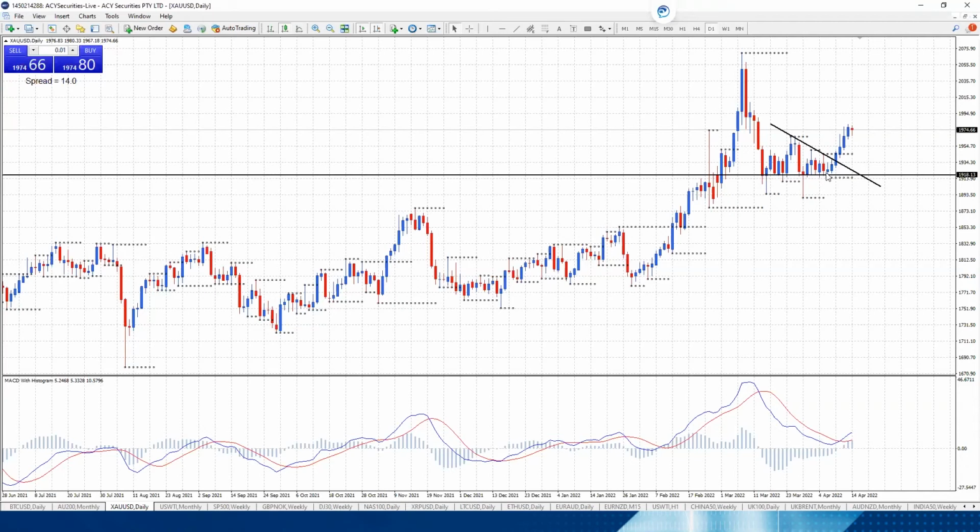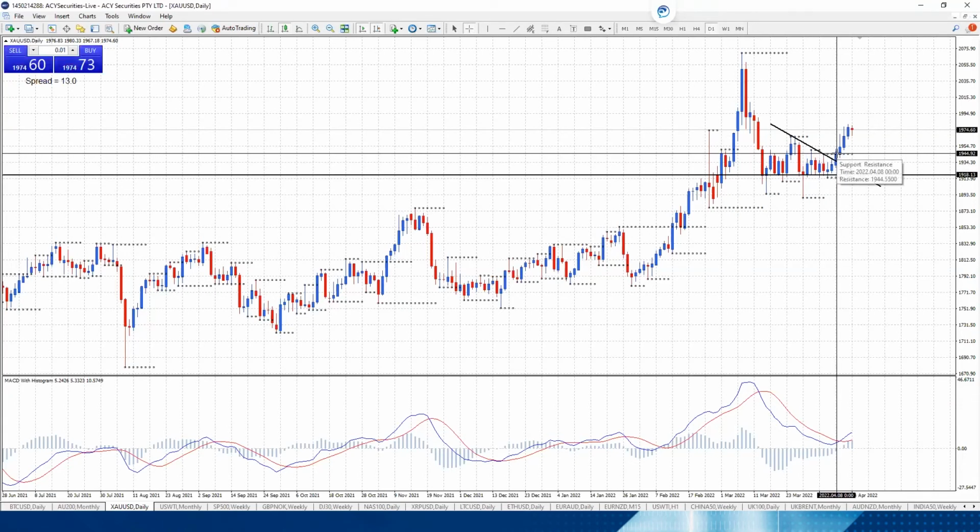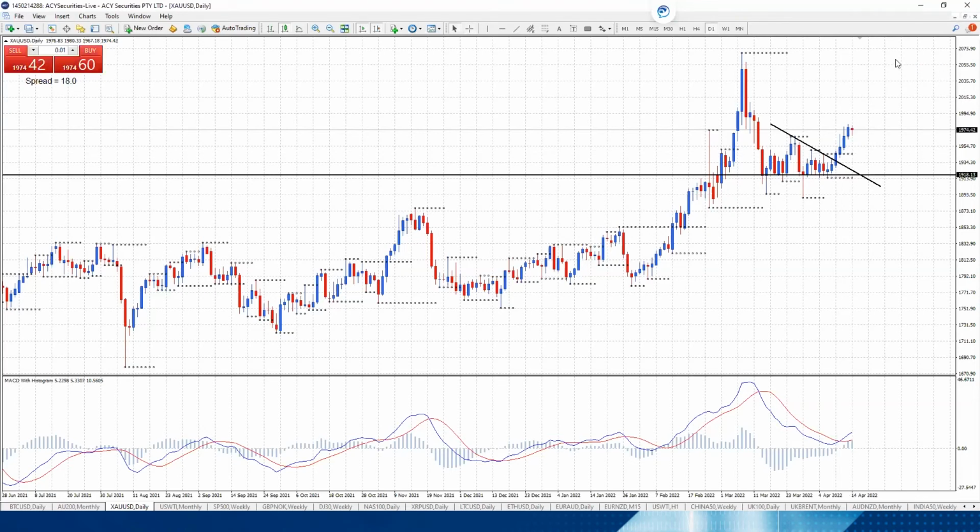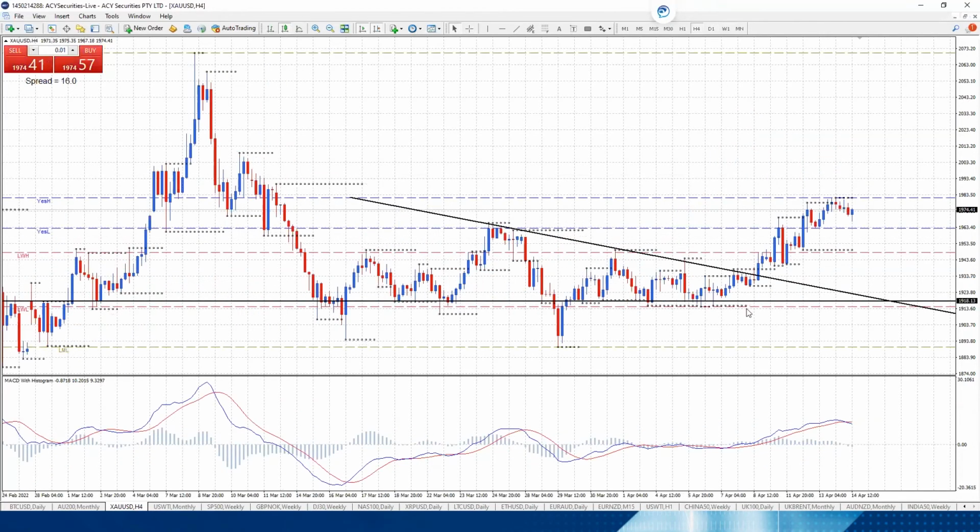So I could use that support, and I could say, right, once price on a particular day shows me it's breaking this trend, changing the trend, I could look at putting a stop below this low here and targeting whatever it is up there, or whatever my trading strategy will be. So trend line breaks, maybe even going down to a lower time frame like a 4 hourly, and look for your MACD.